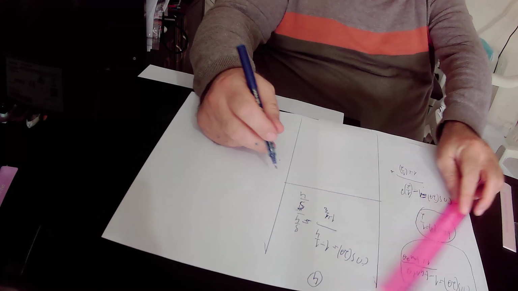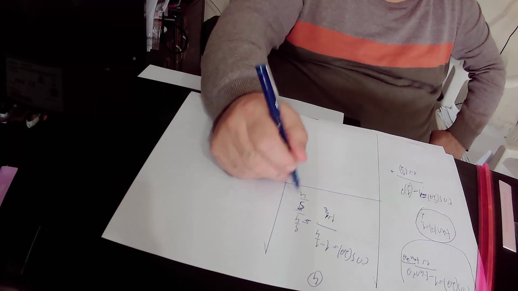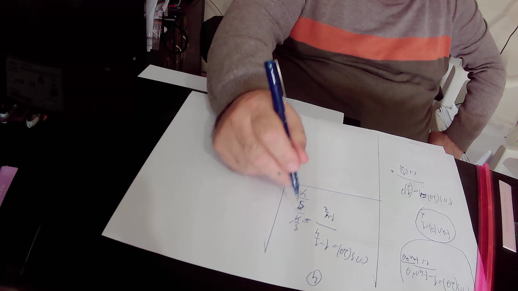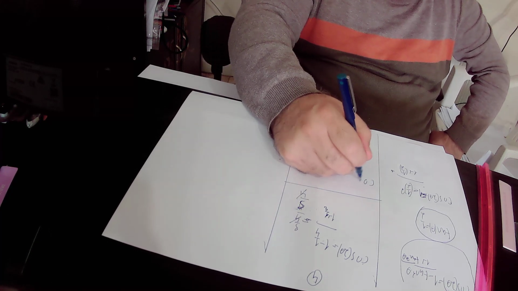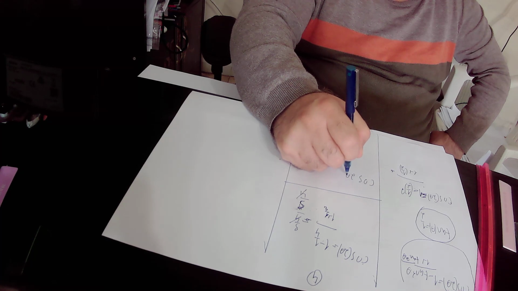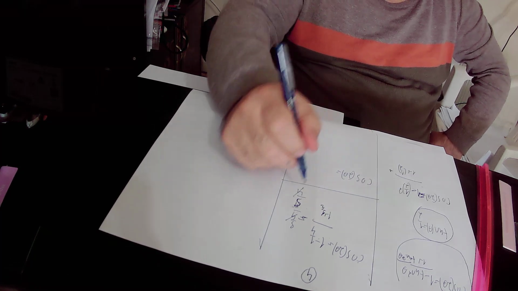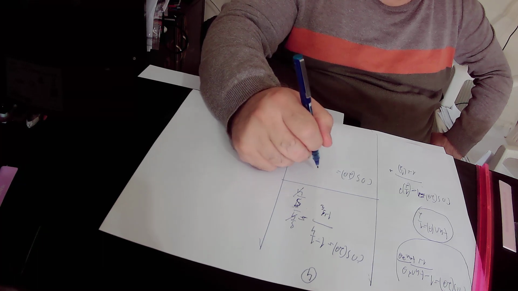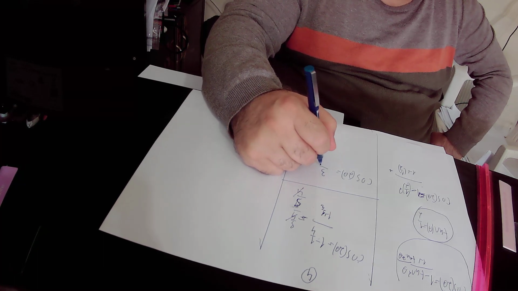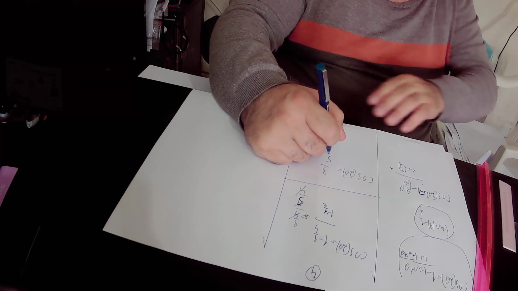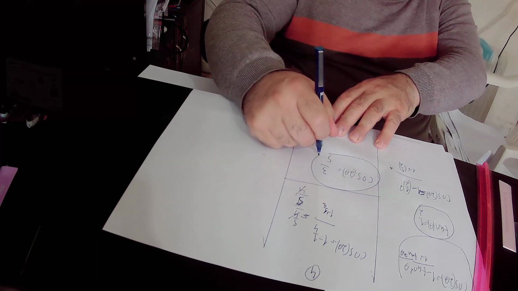So here we have 4 in the numerator and 4 in the denominator, so 4 will get cancelled. In conclusion, we found out that cosine 2 theta equals 3/5. Cosine 2 theta equals 3/5.